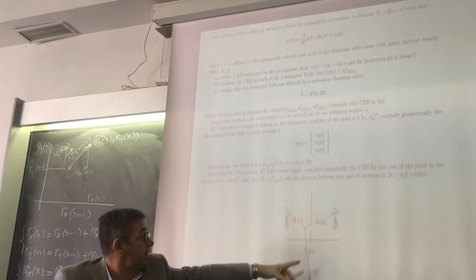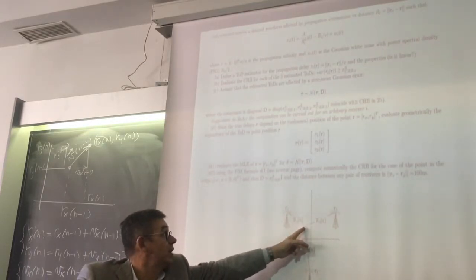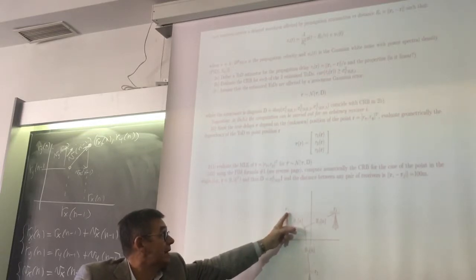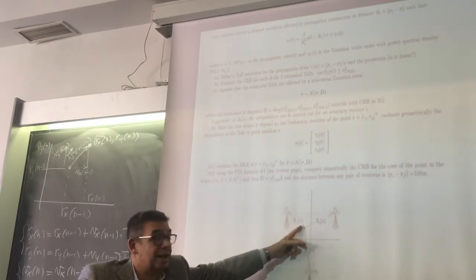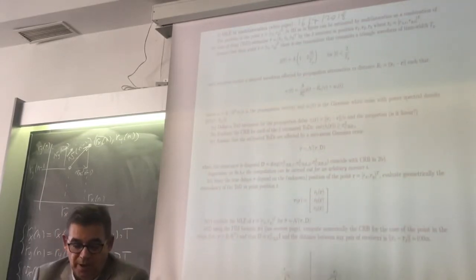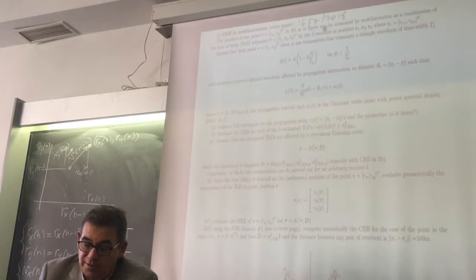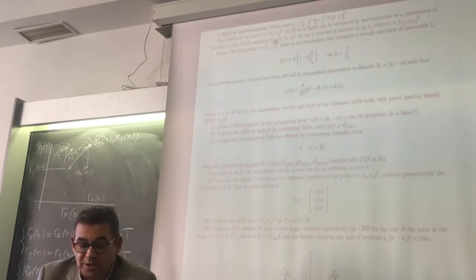There are 3 stations that are receiving the signal from this point, so I can estimate the time of delay, and from the time of delay I can get R1, R2, R3. Let's read it: the position of one point, as in the figure, can be estimated by multilateration as a combination of the time of delay estimates, tau hat. So I have tau hat, which is tau 1 hat, tau 2 hat, tau 3 hat.